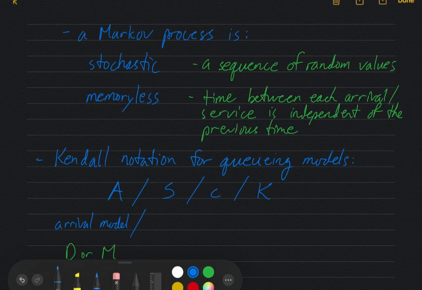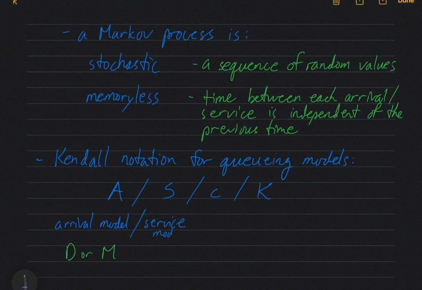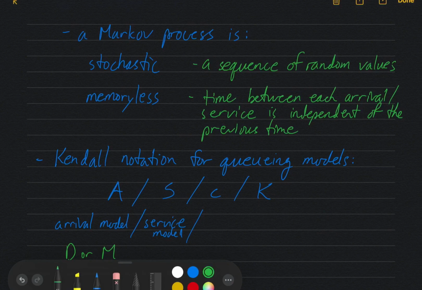And then S is the service model. Didn't quite leave enough room there. And that also can be deterministic or Markovian.